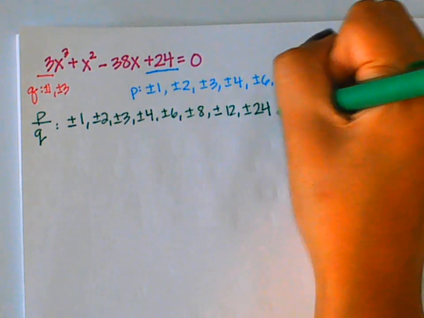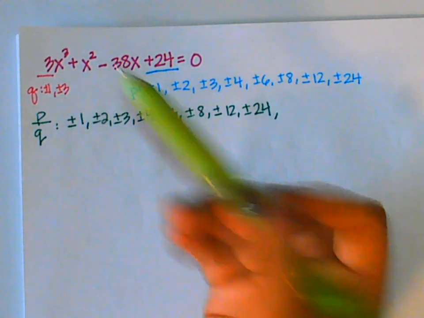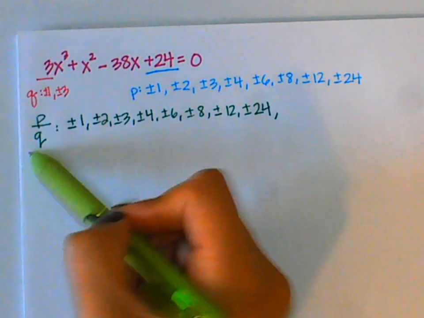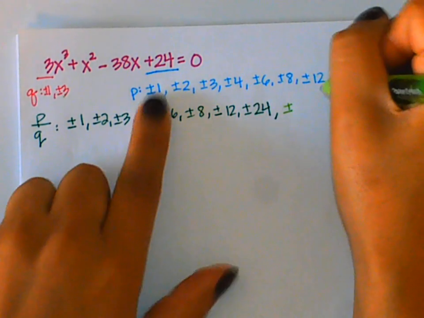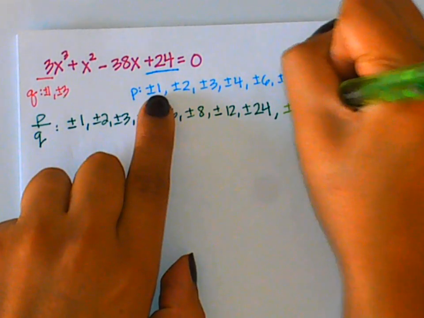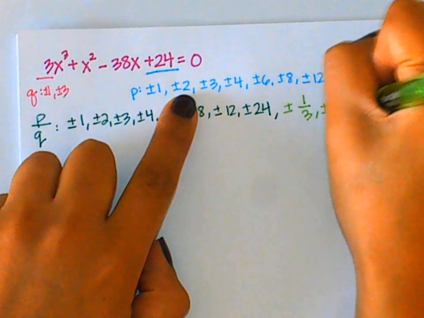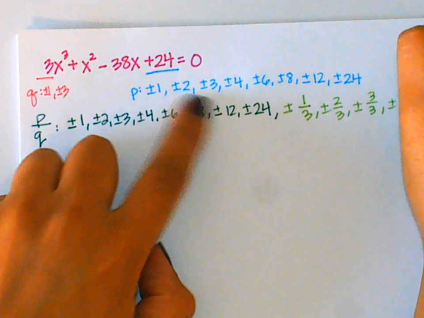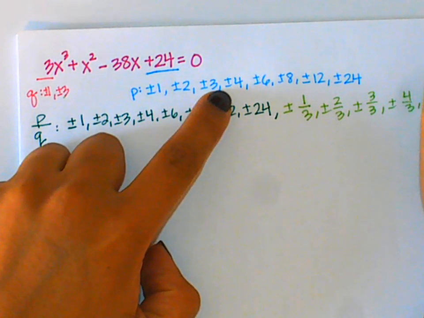But now when I look at my 3's, I'm going to do that in a different color. So in green, I did the 1. In this light green, I'm going to do my denominator of 3, where my q is 3. I have plus or minus p over q: 1 over 3, plus or minus 2 over 3, plus or minus 3 over 3, plus or minus 4 over 3, and so on.